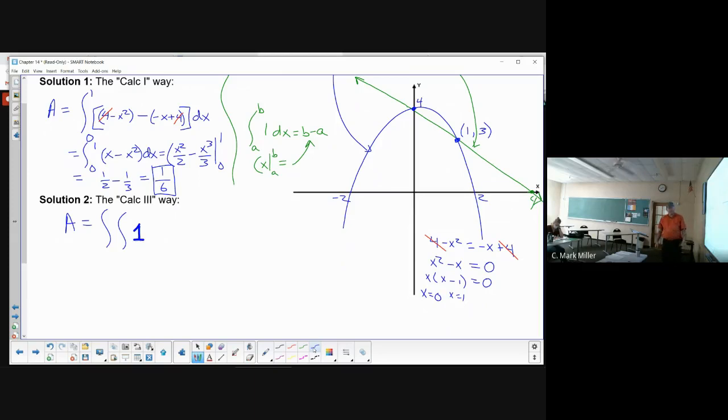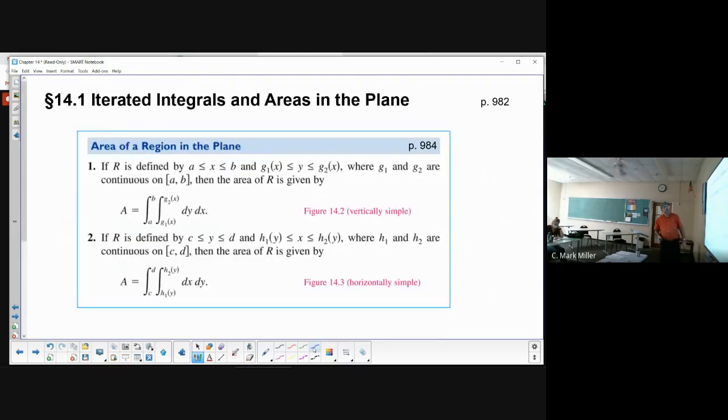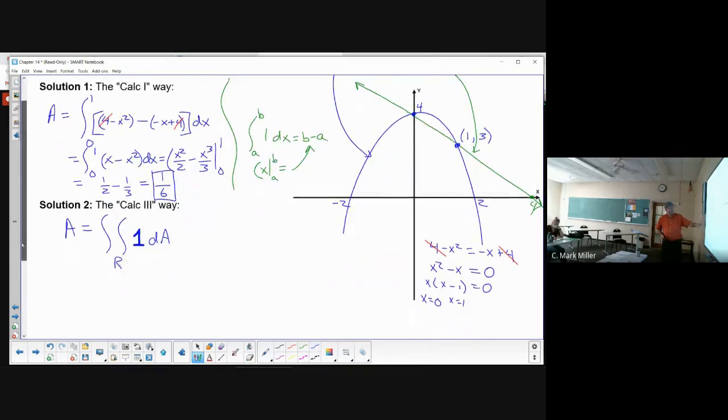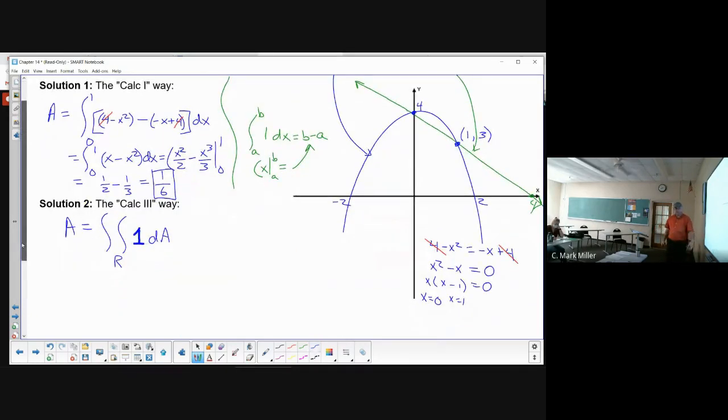And the way the book does this, the integral of a region R dA. So we're going to integrate 1 over some region with respect to this for area. Now, let me show you how that works.